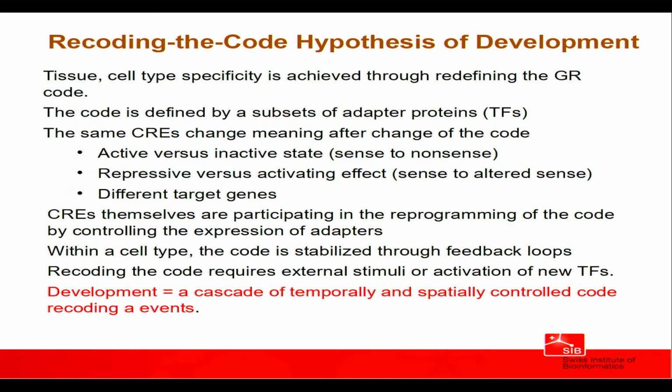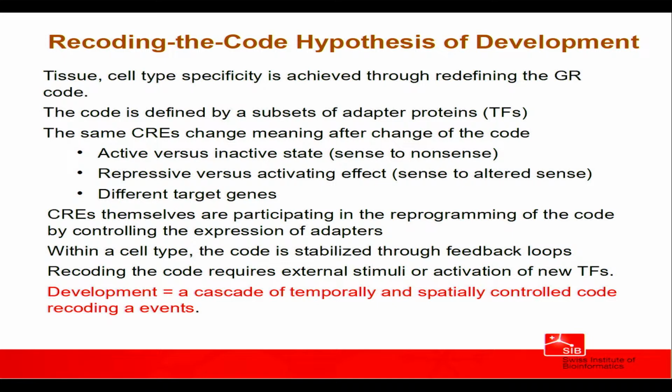Now, here is my hypothesis of how the gene regulatory code changes during development. So the first assumption is that the code is defined by a subset of transcription factors, a subset of possible adapters.